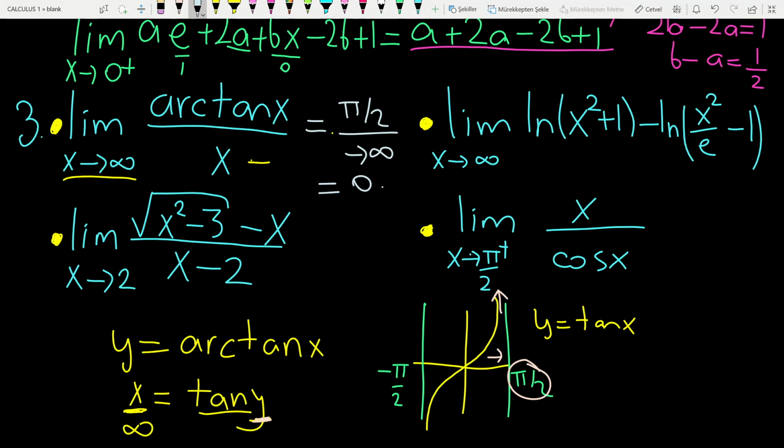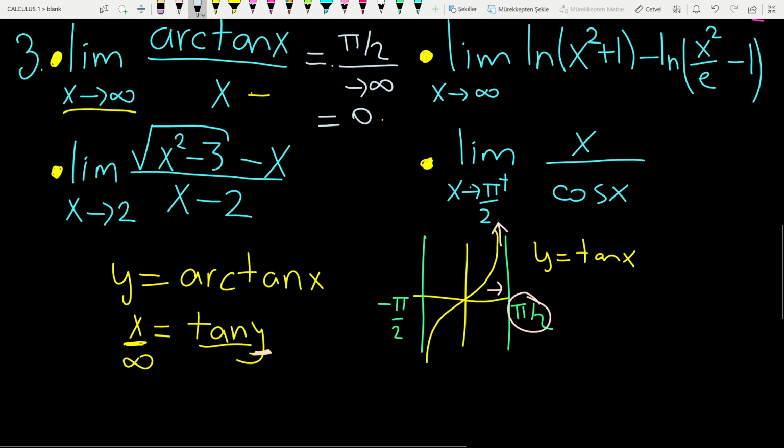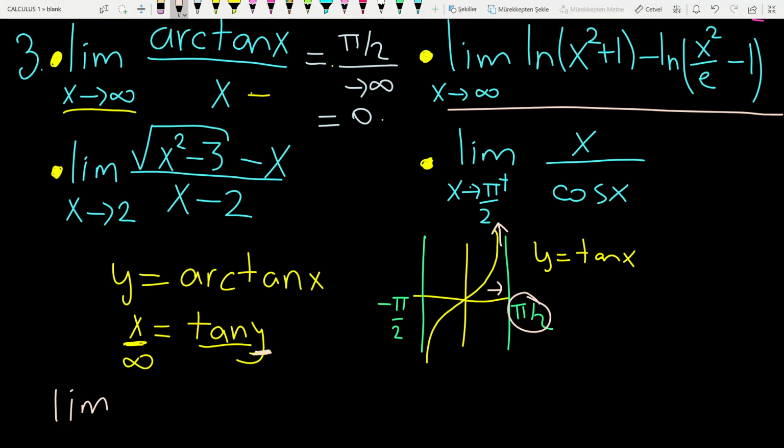What about the solution of the second one? We have the ln function. Let me change the pen. Now I am solving this one. Limit x tends to infinity. We have the ln function.